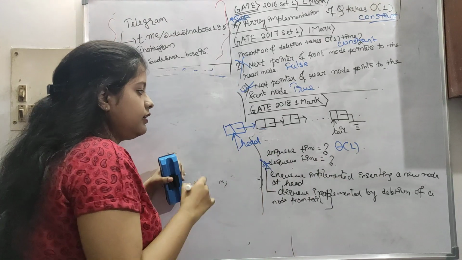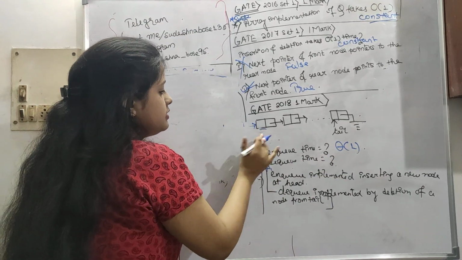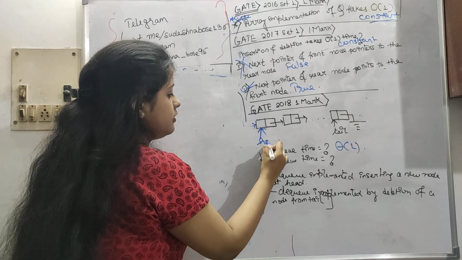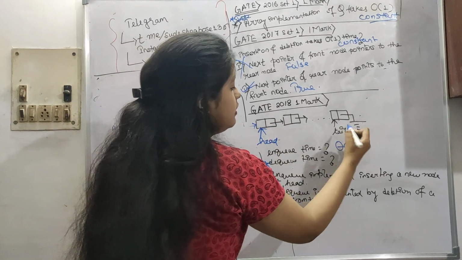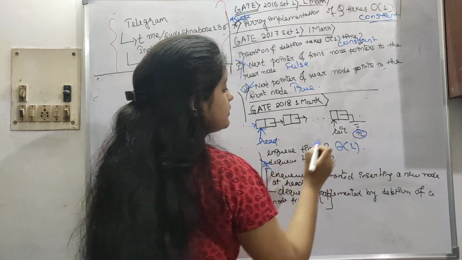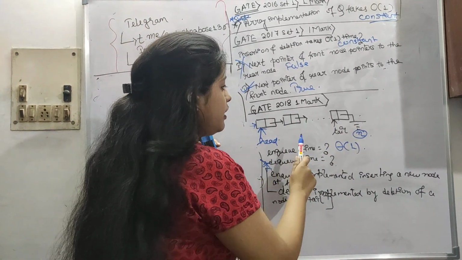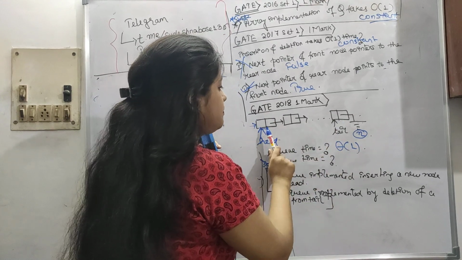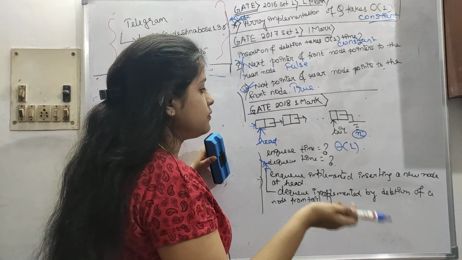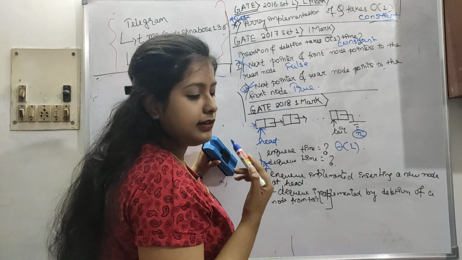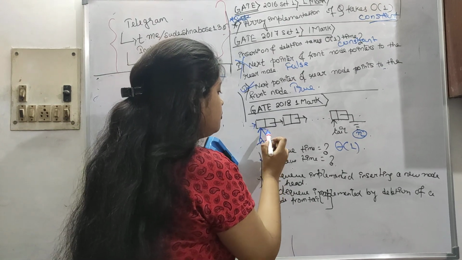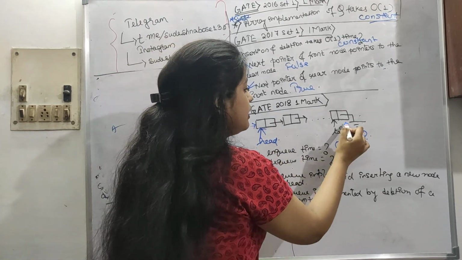DQ here, on the other hand, so let's say the question was here head and there are n nodes. For dequeuing we have to go till here. In a linked list we have done this already. So we have to go one by one till here.